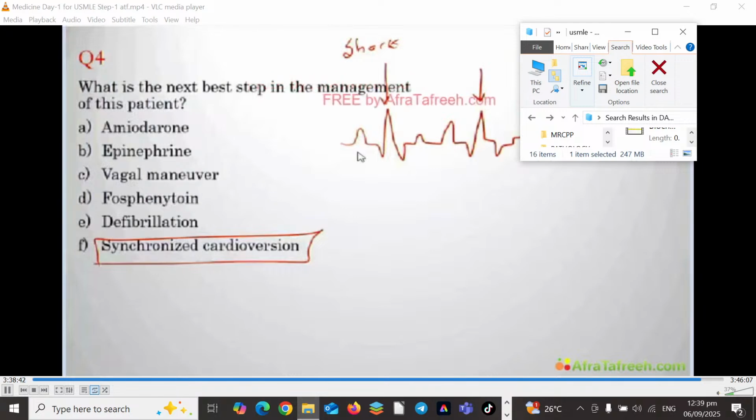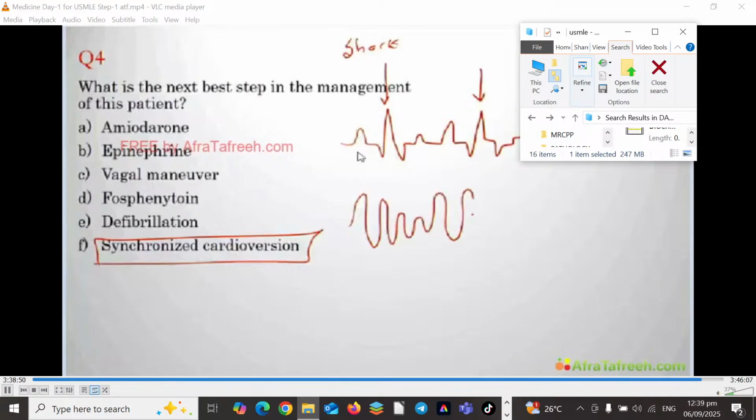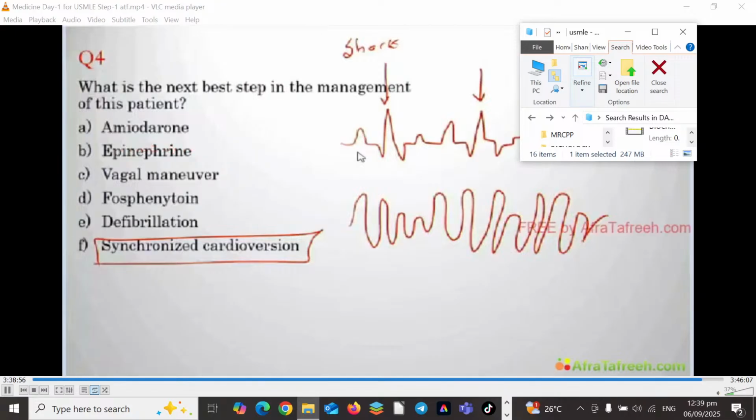In cases of ventricular fibrillation, the rhythm is something like this. Do you see, is there any QRS complex present here?